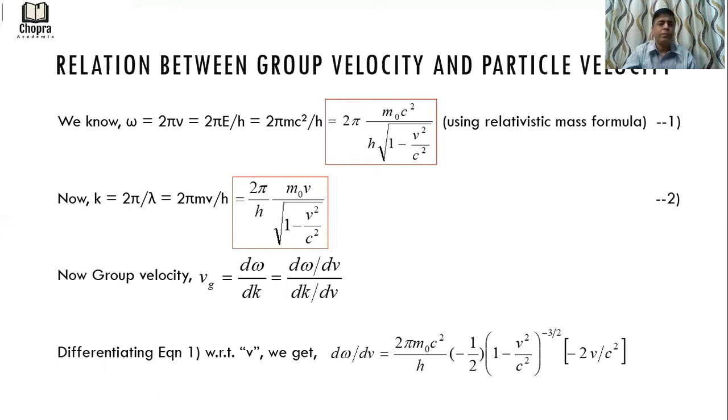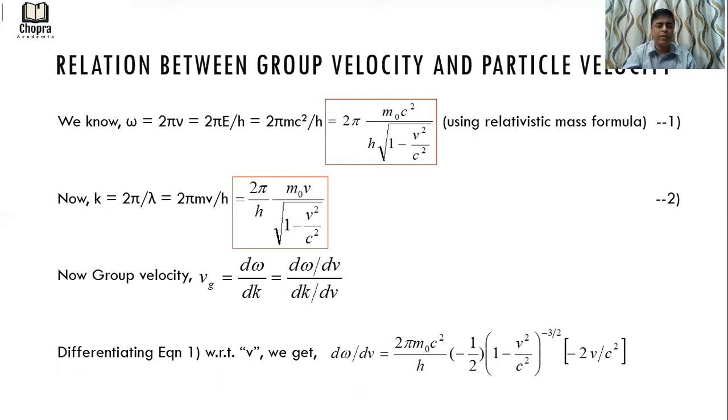Now I have k is equal to 2 pi by lambda. Again we substitute for lambda using the de Broglie hypothesis. So this is 2 pi mv by h. Again I substitute using the relativistic mass formula. So I have the new equation 2, which is 2 pi m naught v by h root of 1 minus v square by c square.